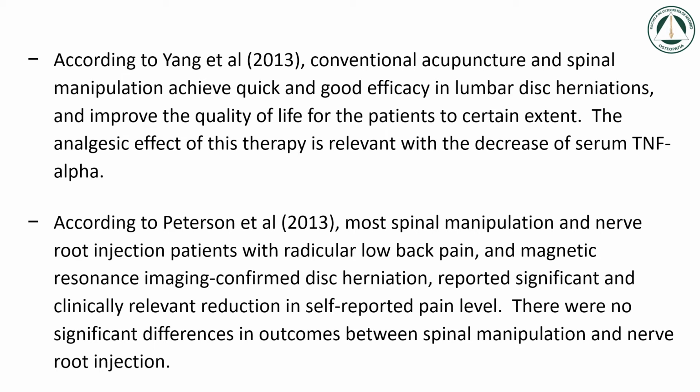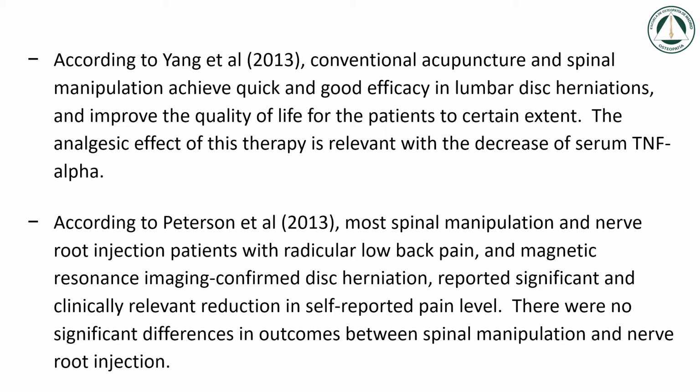According to Peterson et al., 2013, most spinal manipulation and nerve root injection in patients with radicular and low back pain and magnetic resonance imaging confirmed disc herniation reported significant and clinically relevant reduction in self-reported pain level. There were no significant differences in outcomes between spinal manipulation and nerve root injection.